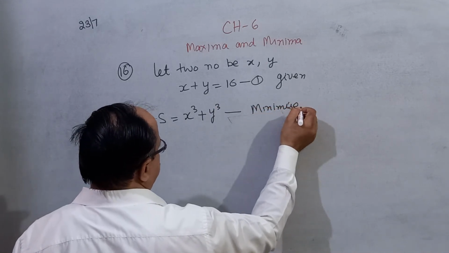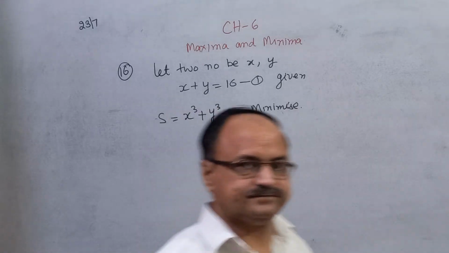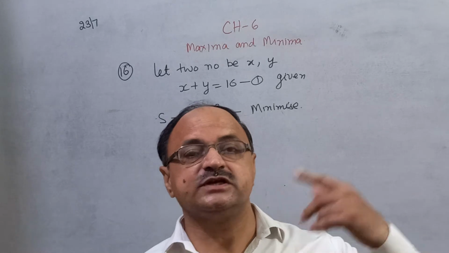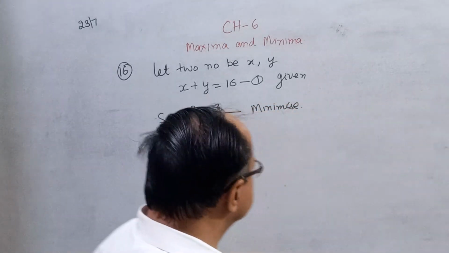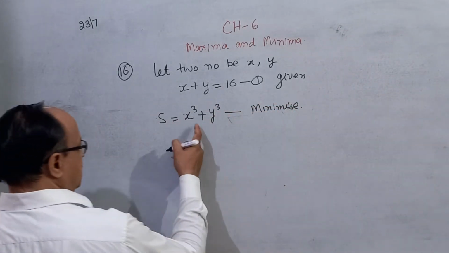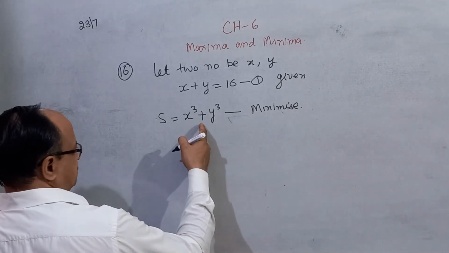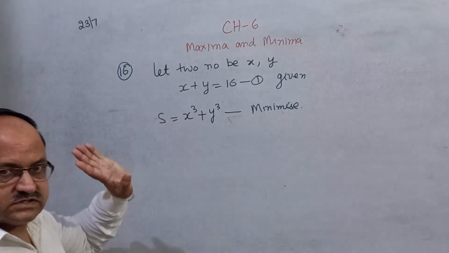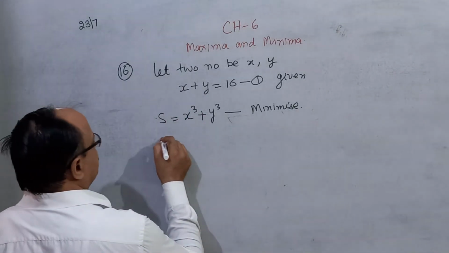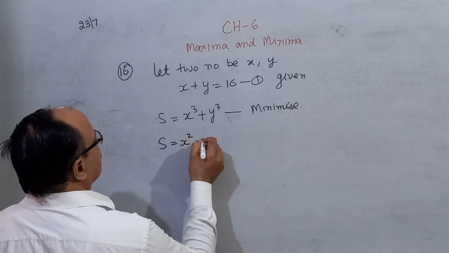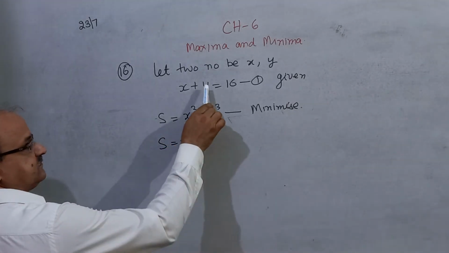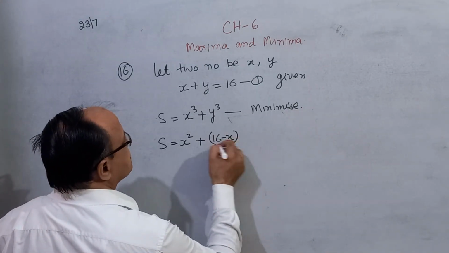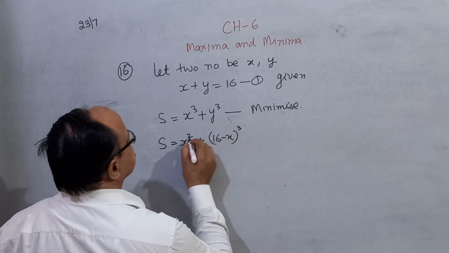Now firstly convert this into one variable. Put the value of y, or you can put the value of x. I put the value of y here. The value of y is 16 minus x. Correct?